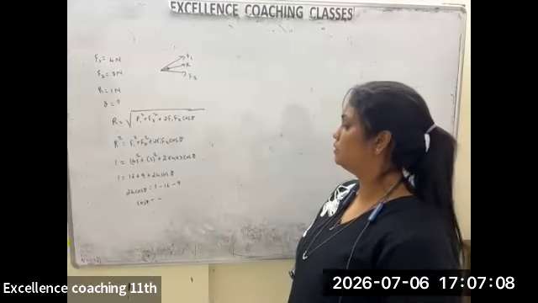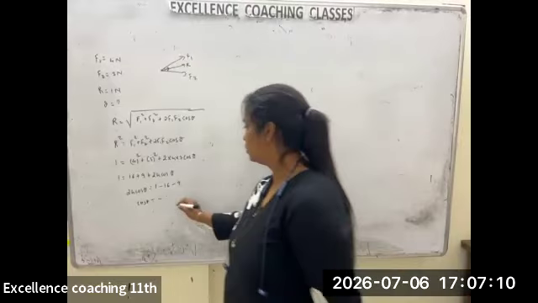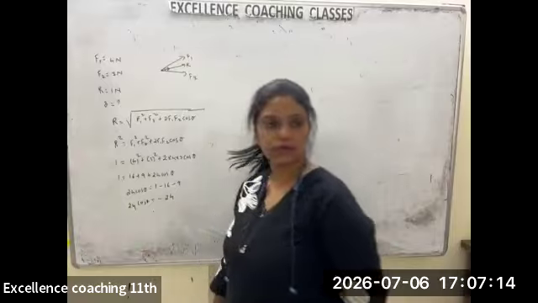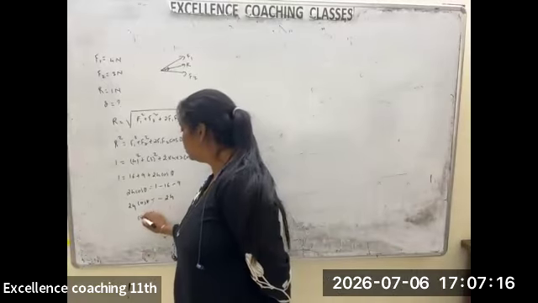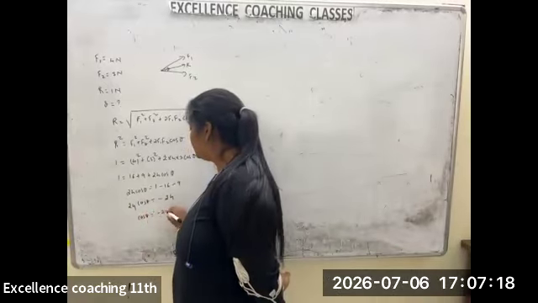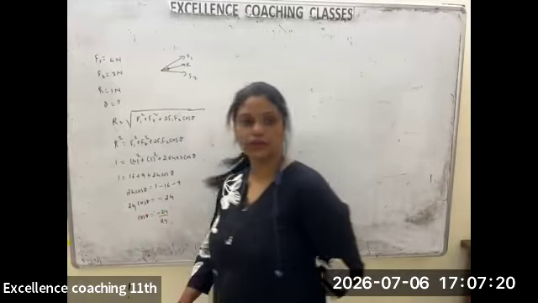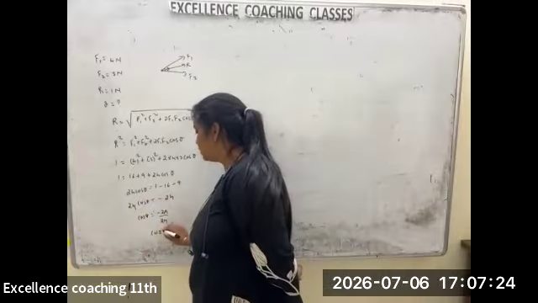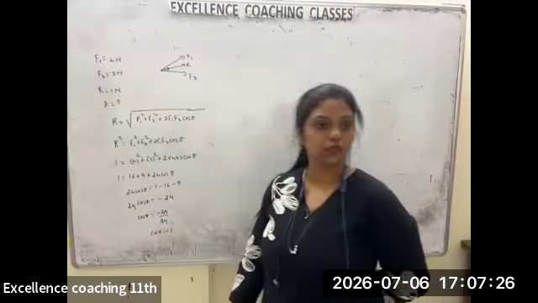Okay, minus sign is there, no? 24. Okay. So how much is it coming to? Cos theta will be minus 24 upon 24, which comes to be cos theta is equal to minus 1.